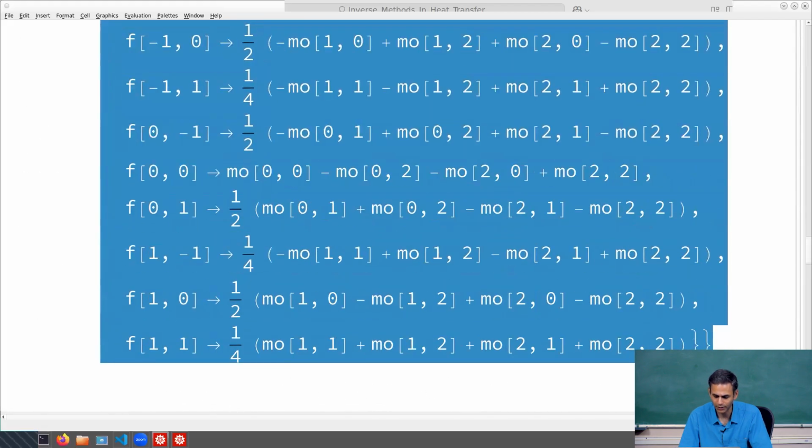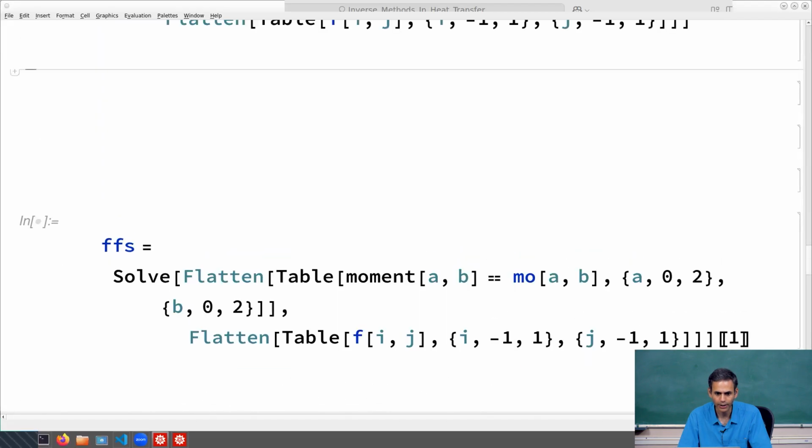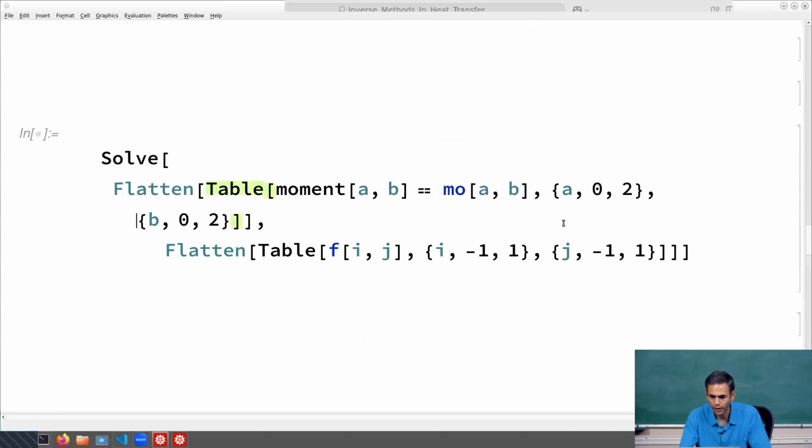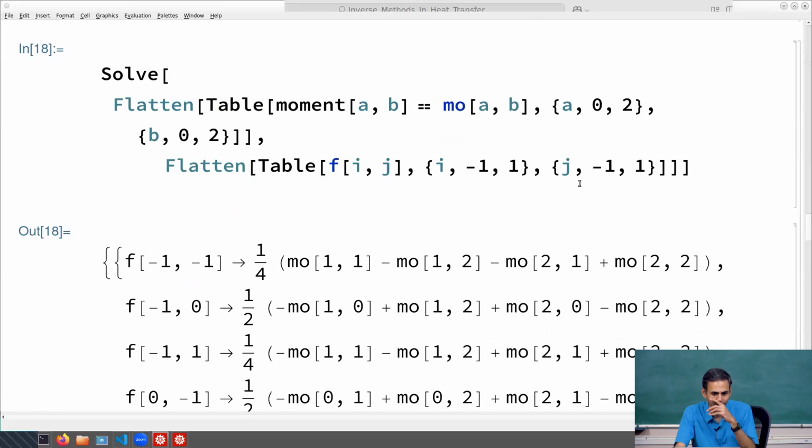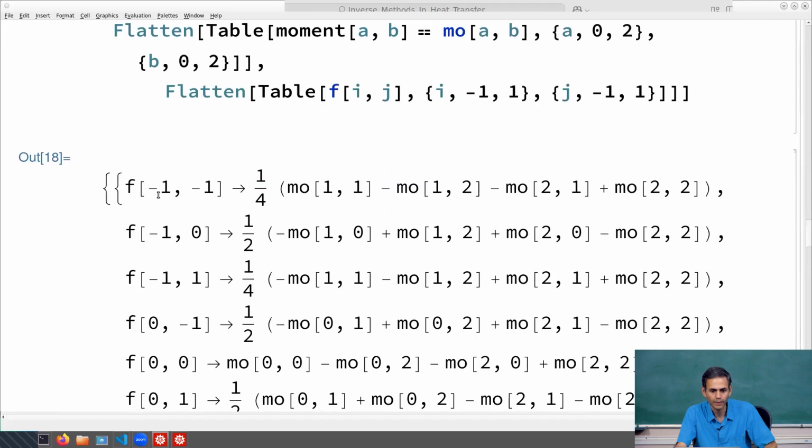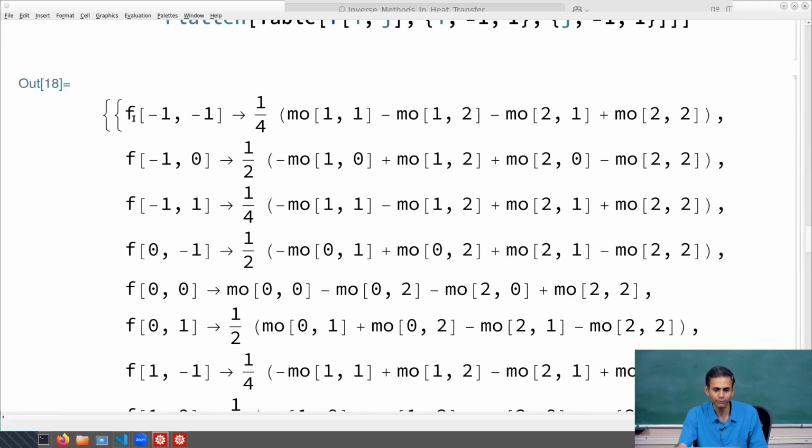So let me just delete this and try to run this. Hopefully it will run. Okay, it has run. It has solved all these equations, and it has written f minus 1 minus 1 equals 1/4 of moment 1 1 minus moment 1 2 minus moment 2 1 plus moment 2 2, right? It has given me the f's in terms of the moments, correct?